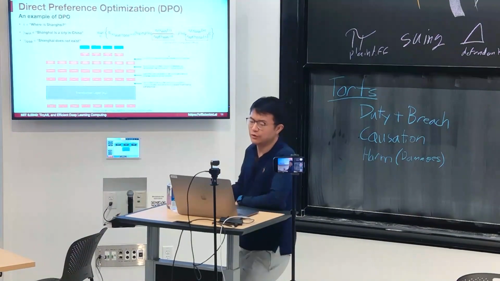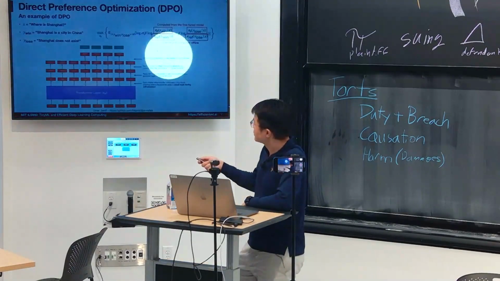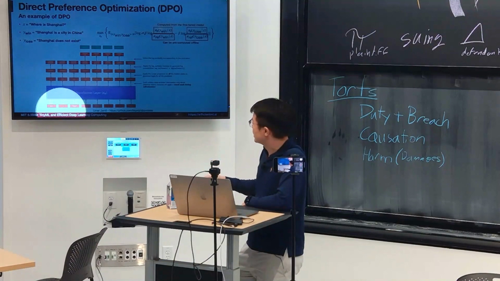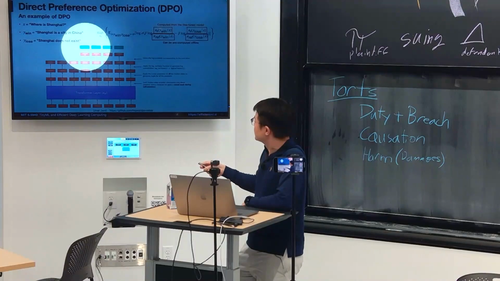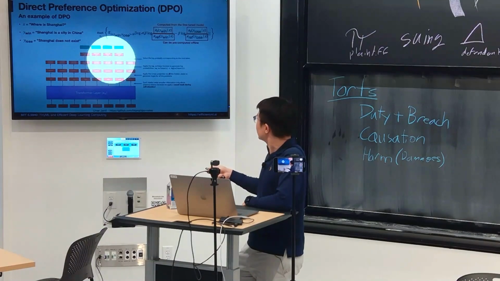Let's see an example of how this loss is added to our language model. Given the prompt "where is Shanghai," and two possible outputs, Y win and Y lose, we feed it to the transformer layers, and it can generate the ground truth of the generation: "Shanghai is in China." This is the probability corresponding to the next token. This is basically the logits, and this is the softmax of the logits, which gives the probability.